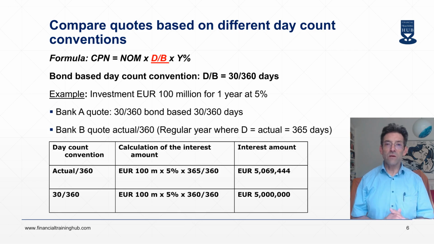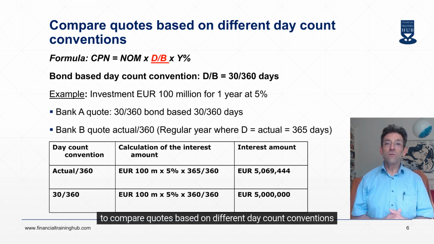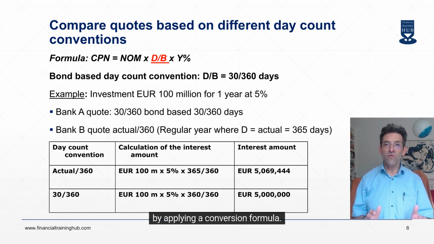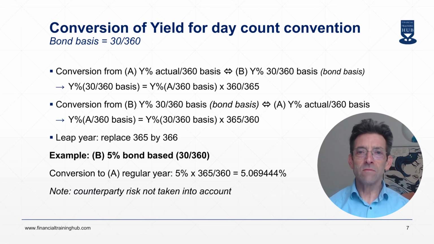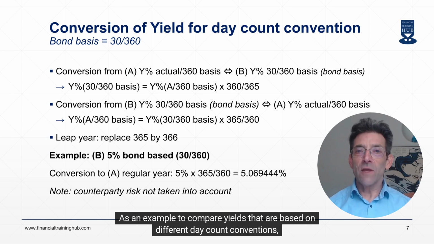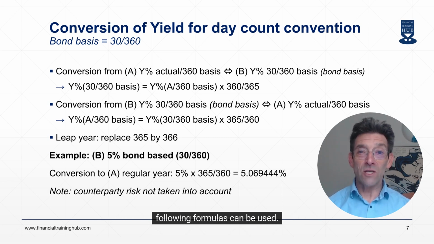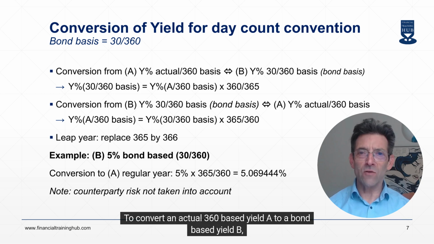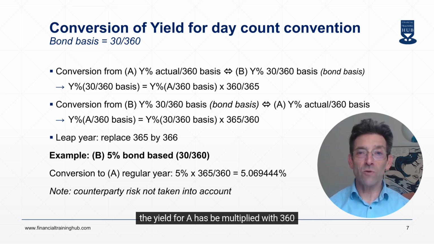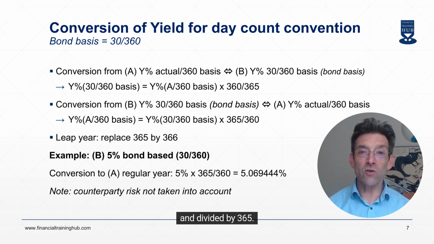An investor can only compare different yields per coupon period if they are based on the same day count convention. It is possible to compare quotes based on different day count conventions by applying a conversion formula. To convert an actual 360-based yield A to a bond-based yield B, the yield for A has to be multiplied with 360 and divided by 365.